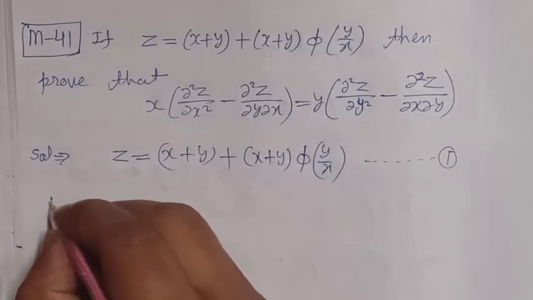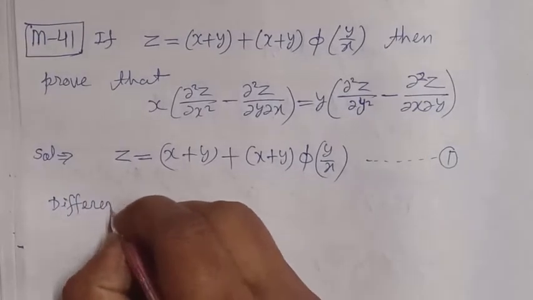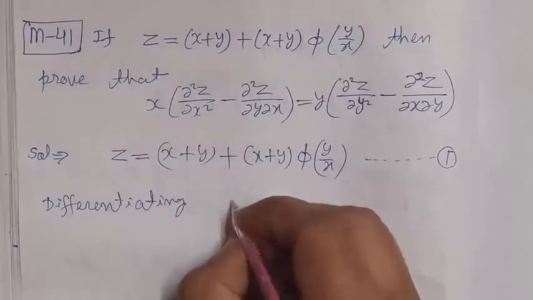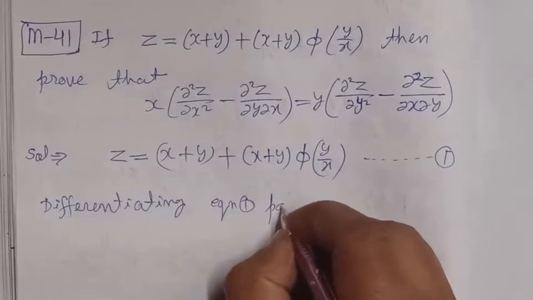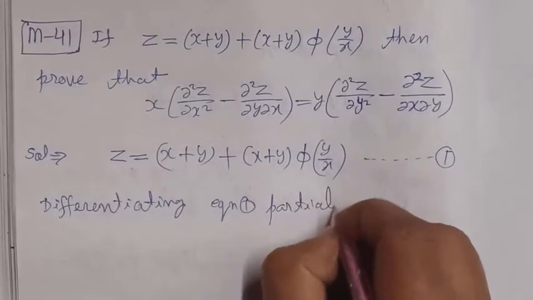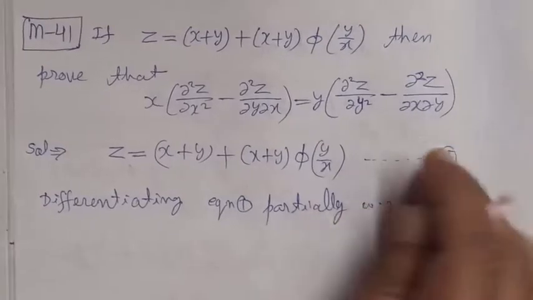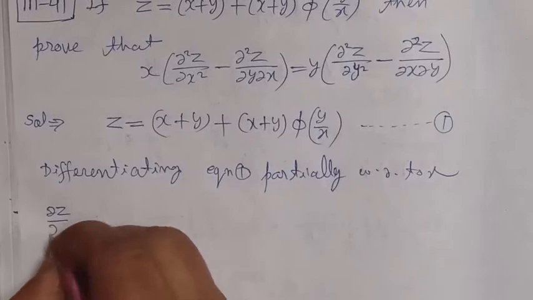So, differentiating equation 1 partially with respect to x, we get del z over del x.